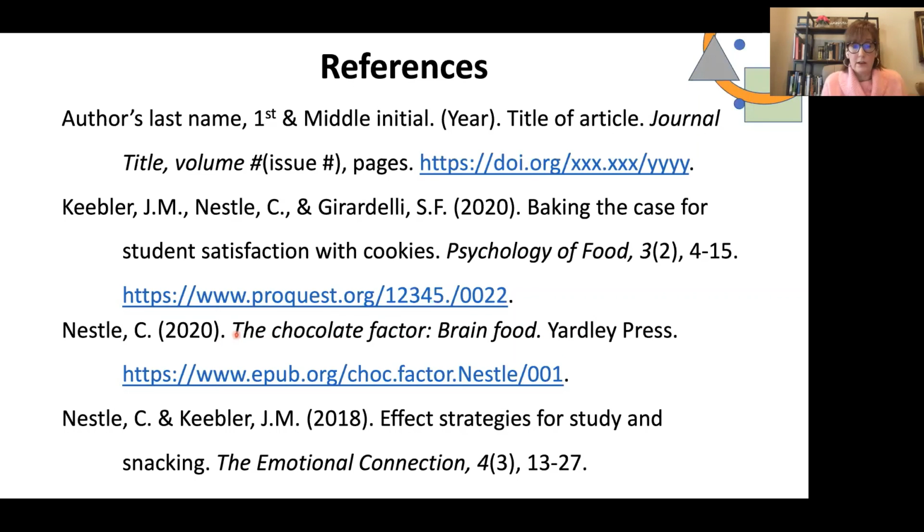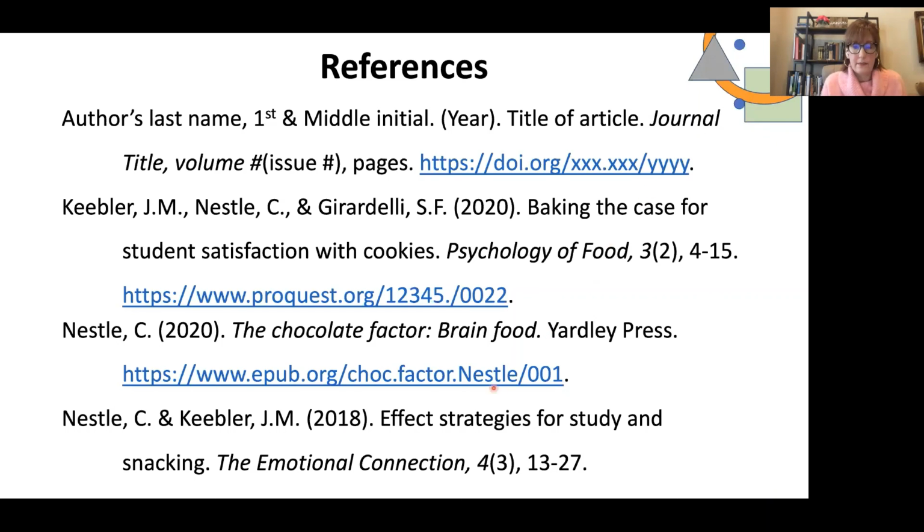The book title is The Chocolate Factor, Brain Food, again, a fictitious book, and Yardley Press is the publisher. You used to have to write New York, New York, or wherever the publisher was located, and the location of the publisher is no longer required.